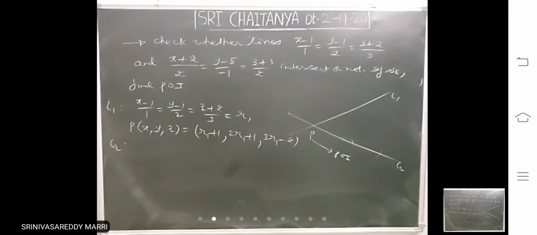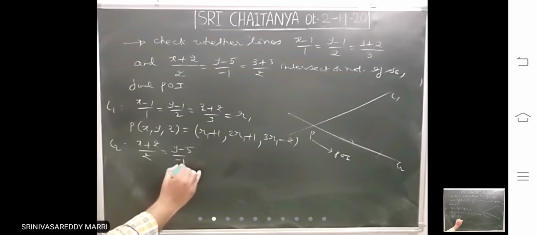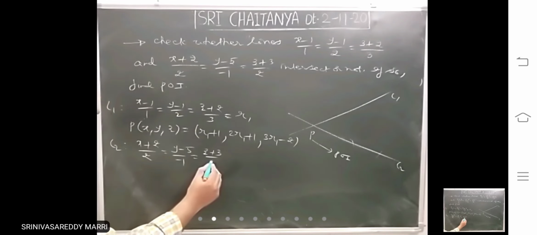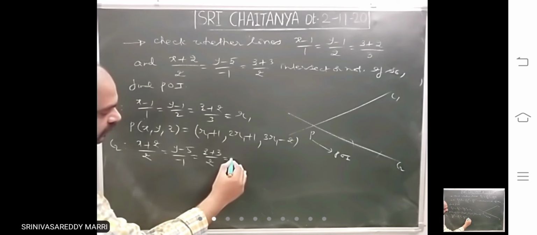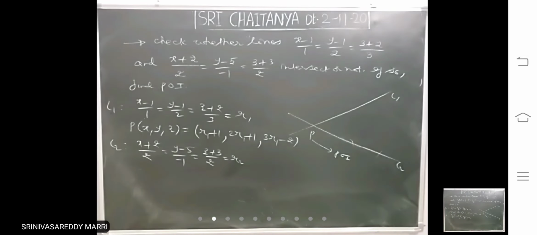Similarly, line 2 you take. From that we will calculate what is x, y, z. Equal to R2, let us say. Here, R1 means some other variable you take, because this is a different line, don't take R1 again, take R2.